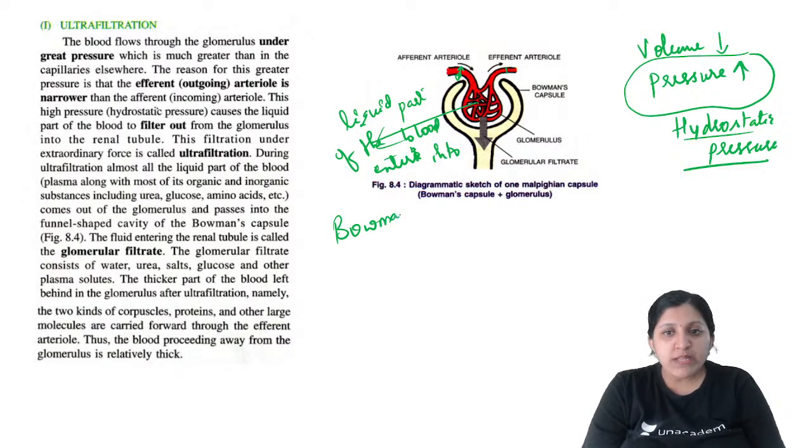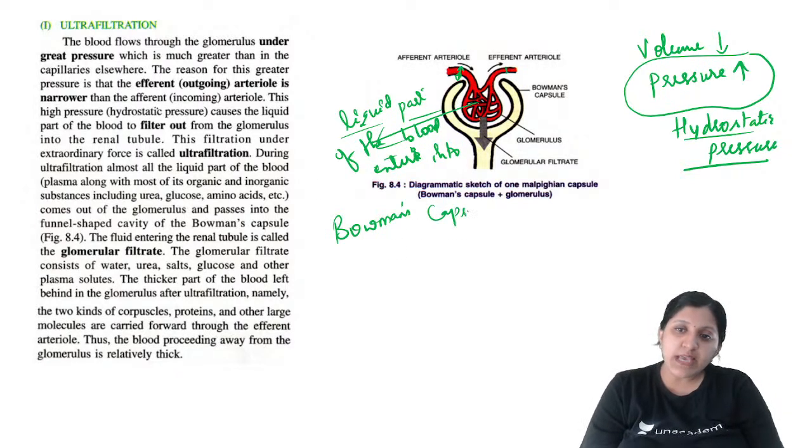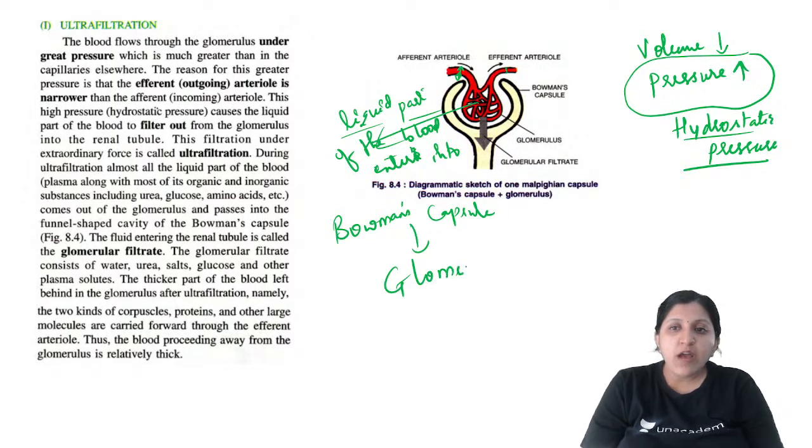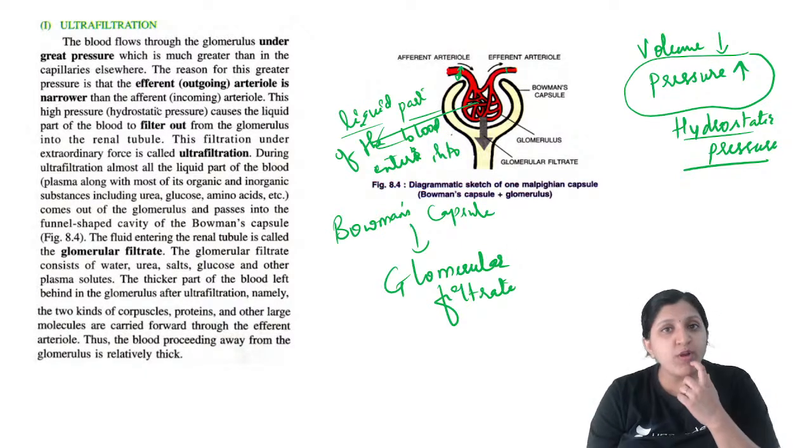So now this Bowman's capsule has received most of the liquid part of the blood. This liquid in the Bowman's capsule we call glomerular filtrate. Why do we call it glomerular filtrate? Because it is coming from the glomerulus itself.